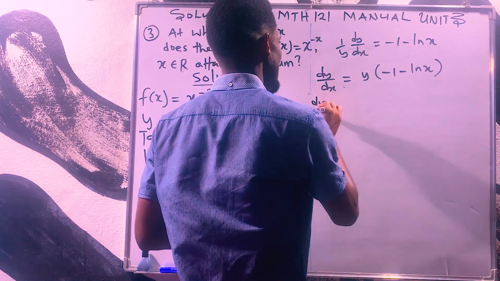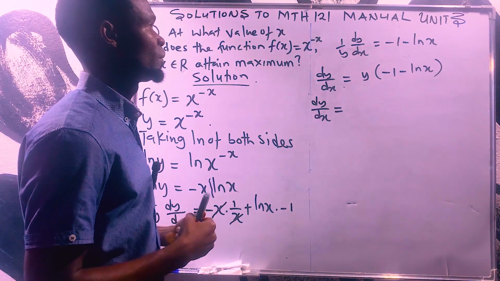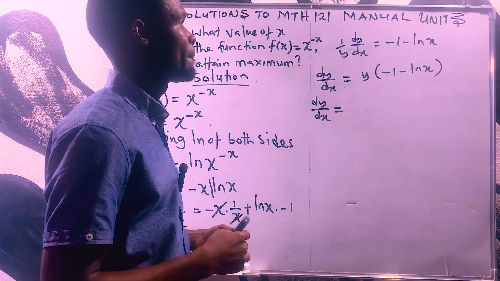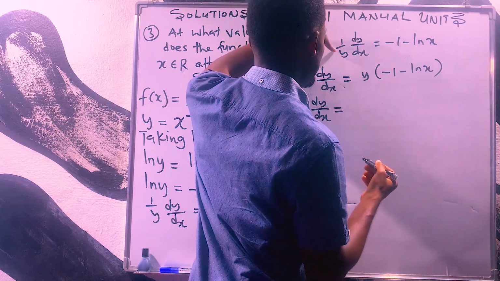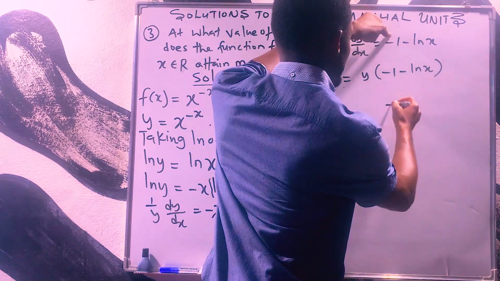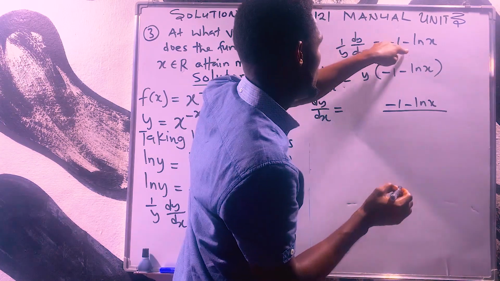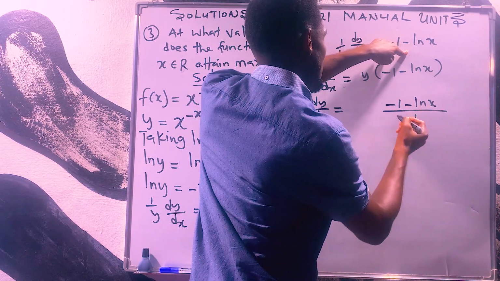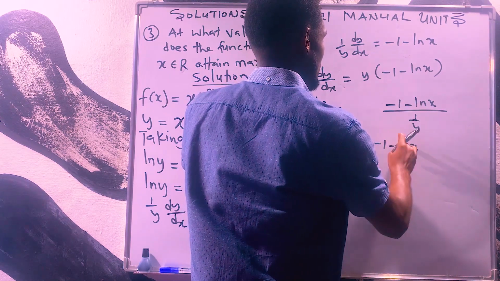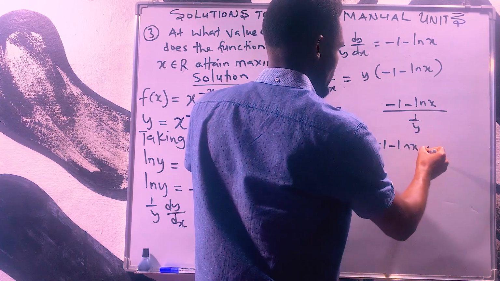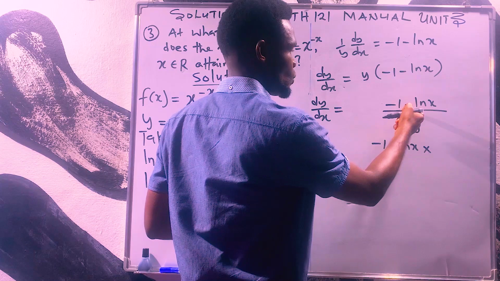So it means that dy dx is equal to, let me just do it in case. The 1 over y is moving to this side. So you have minus 1 minus ln x all over 1 over y.